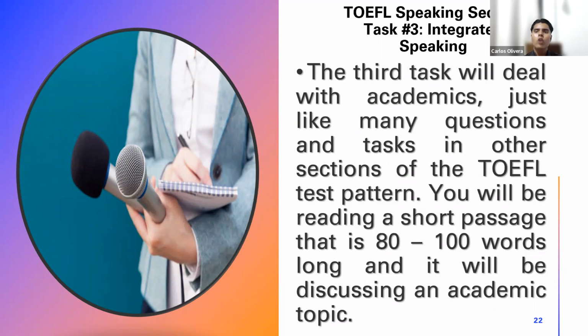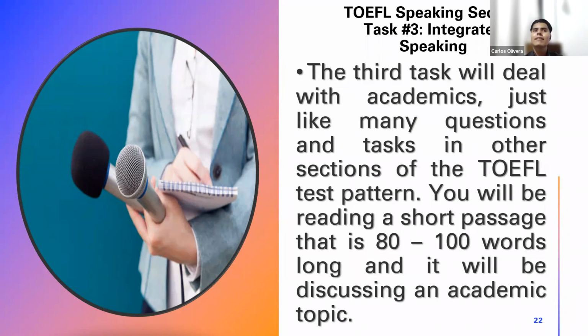When I was commenting upon the different general aspects of this speaking section, I told you that although we have 4 different tasks, we have just 2 types of questions. First, we have the independent question, which we're going to study when we arrive at the first task of the speaking section later on in our classes.